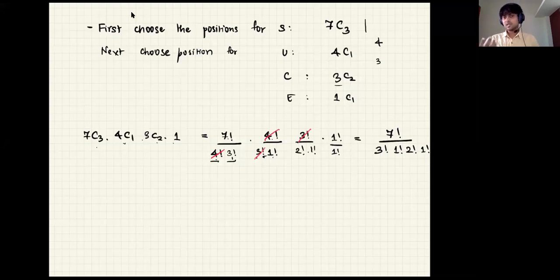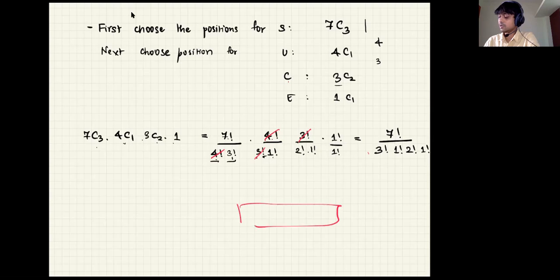Okay. So there are different ways of looking at it also. You can just arrange it and divide the permutations that are counted several times. So you arrange the letters of SUCCESS, but you know that there are 3 C's.